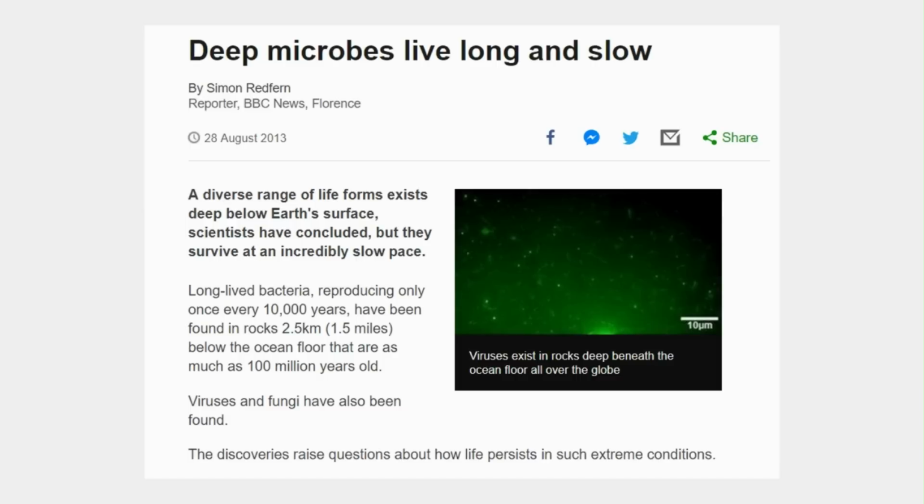So we saw how quickly E. coli can grow in a short amount of time. However, there are some microbes that can grow very, very slowly. So this paper right here shows that there are long-lived bacteria that are reproducing only about every 10,000 years that live in rocks deep in the soil, about 1.5 miles below the ocean floor.